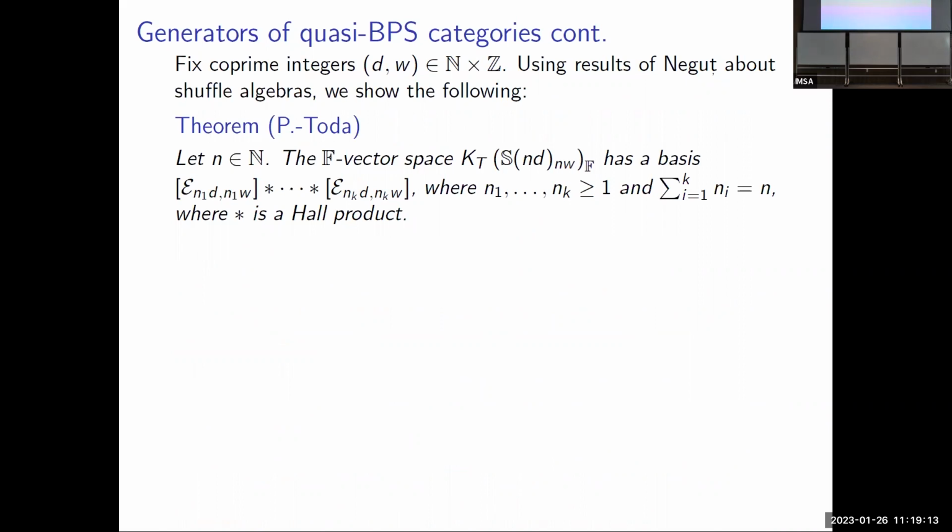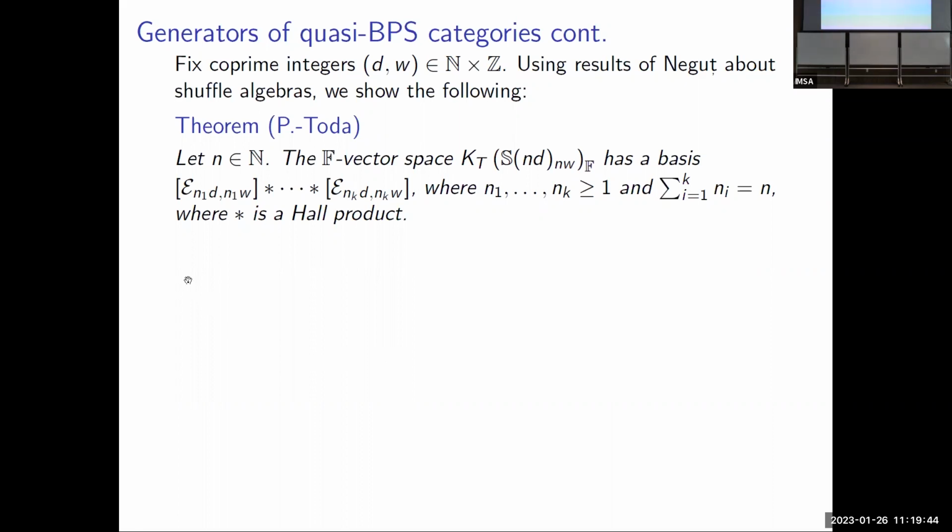Let's fix coprime integers D and W. Via this stack of upper triangular matrices with equal eigenvalues, we can produce natural objects. And then what happens under this shuffle algebra is that we recover formulas of Negut. Negut and other people in representation theory extensively studied these algebras, and they have many structure theorems.